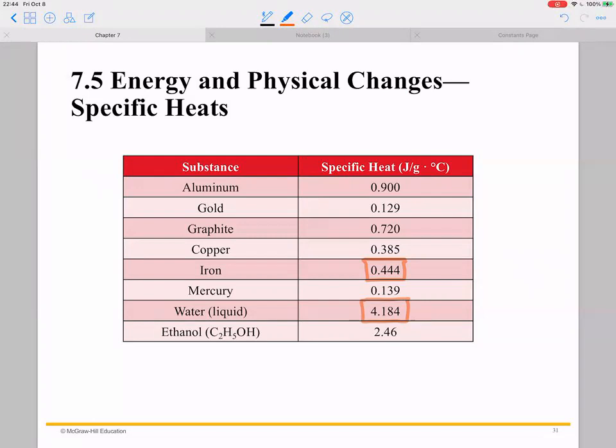And then you have to wait and wait and wait for the actual water to heat up inside, right? So this is just a reflection of these specific heats. In general, metals tend to have relatively low specific heats. You see gold is incredibly easy to heat up. And then other substances like water have a much higher specific heat.